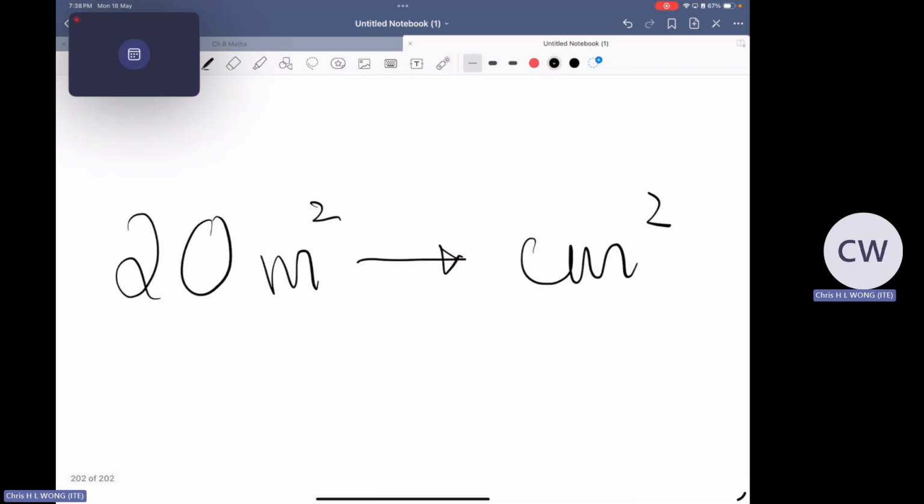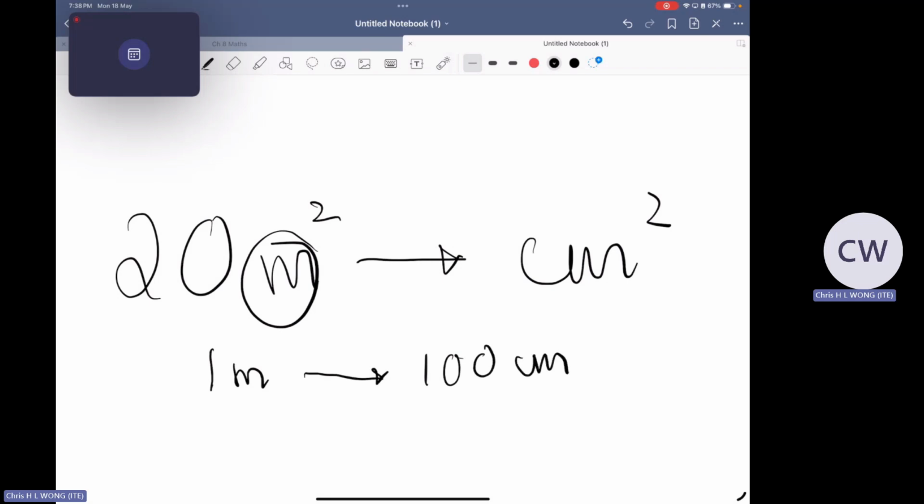Tell someone meter to centimeter. So you can put meter first. Okay. Meter to centimeter easier. I don't need to reverse. 1 meter, 100 centimeter. This one easy because big to small is easy. Small to big difficult.